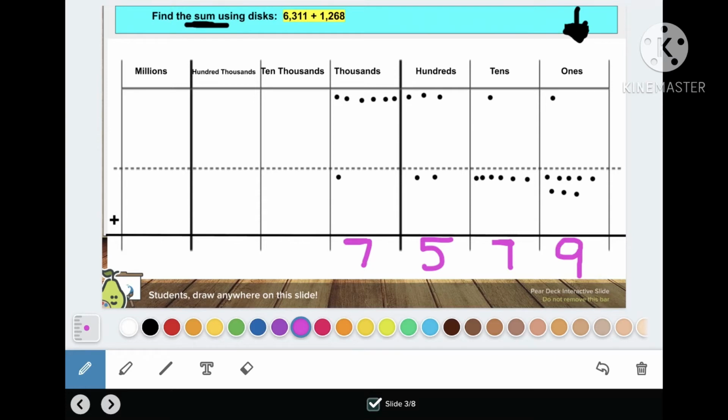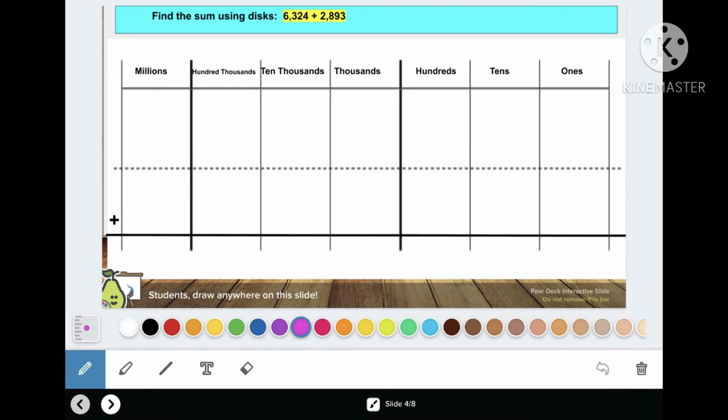Don't forget your comma. Remember, after every 3, I drop a comma. So in between what 2 numbers am I going to place my comma? Good job, in between my 7 and my 5. So that means that the sum of 6,311 and 1,268 is 7,579. Let's try another one.